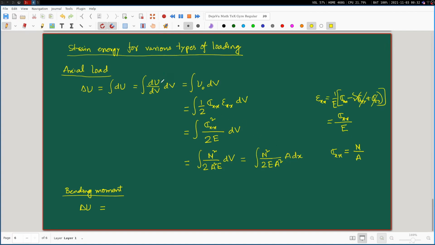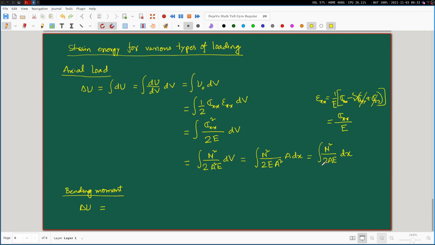And now you can cancel this A with one of the A's in the denominator, so that the final expression becomes N squared by twice AE dx. Mind you, when you are actually doing a problem, this x will vary over a certain distance.